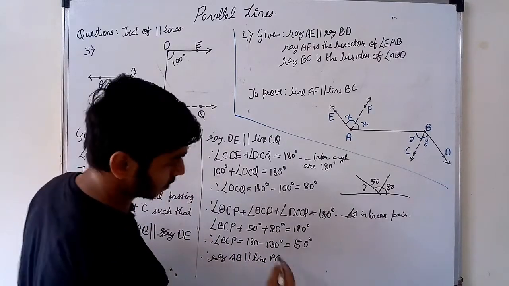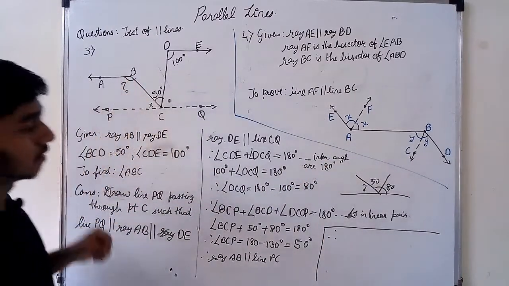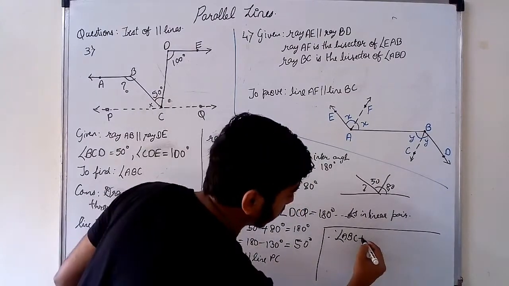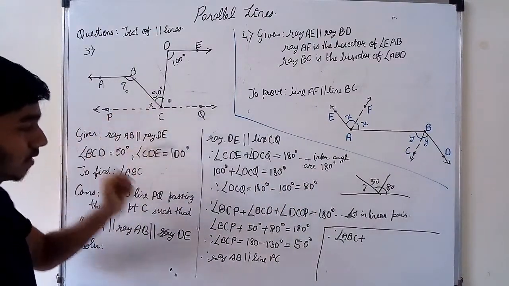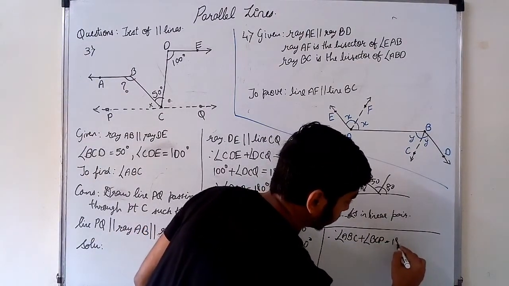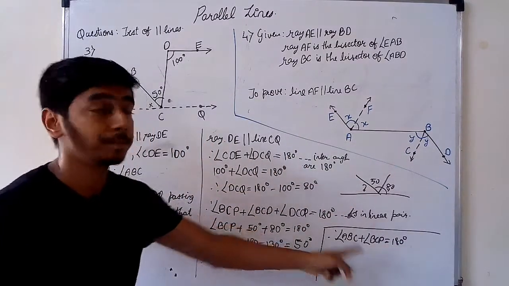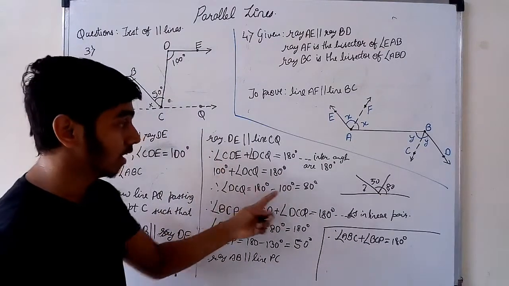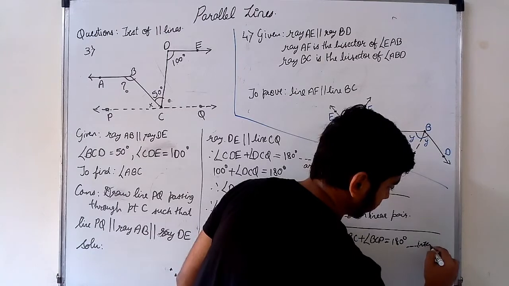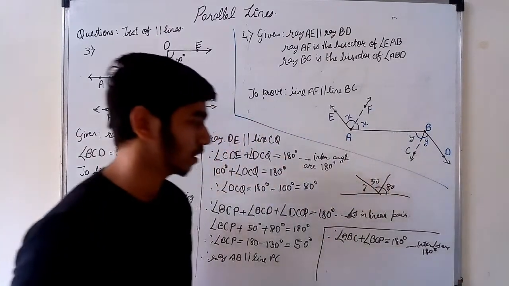So angle ABC plus angle BCP equal to 180 degrees. Why? Because interior angles are supplementary, the same reason.